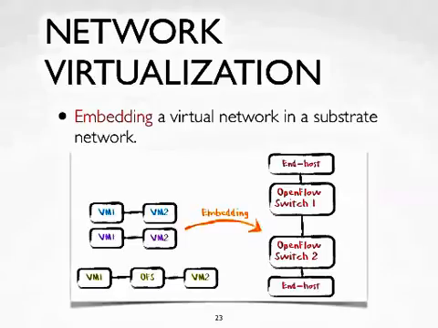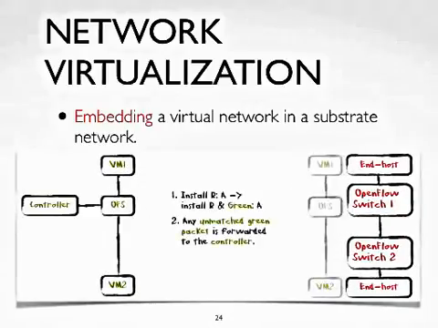So in this case, it is actually much harder than what we have seen in the previous example, where you just boot these VMs and install routes. You have to provide a virtual switch, and that virtual switch provides the connectivity. So it looks really complex, but with OpenFlow, it's actually easy to realize and embed this virtual network.